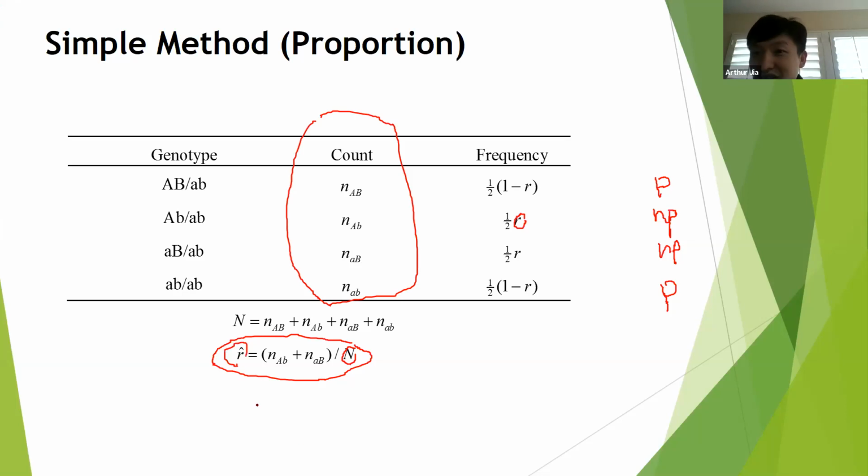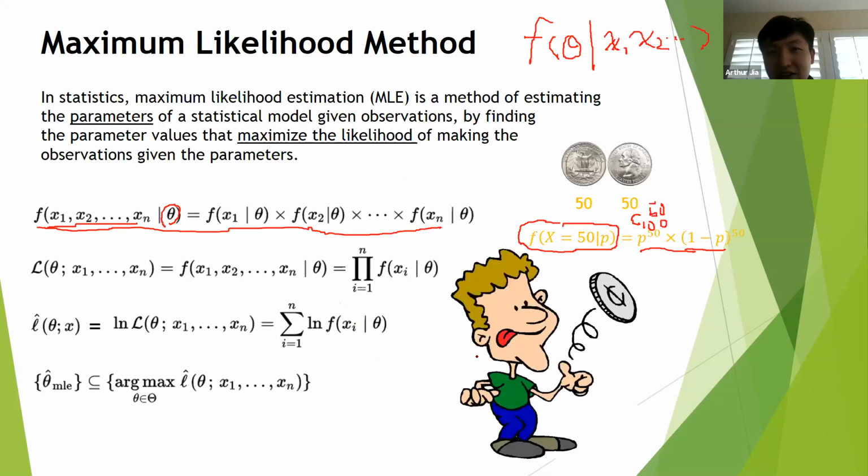We can use MLE. Is that clear? Is it too tough? Do you need me to repeat this? Okay, good. Now let's go back to here. This example is okay, right?